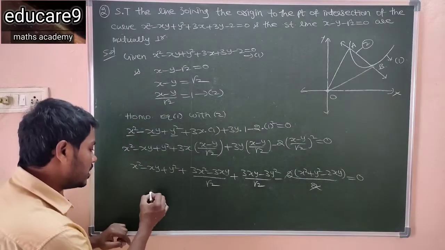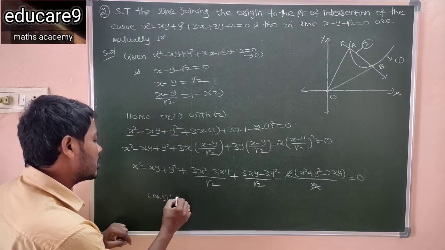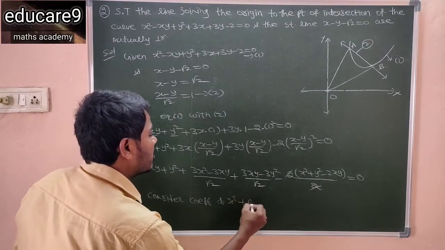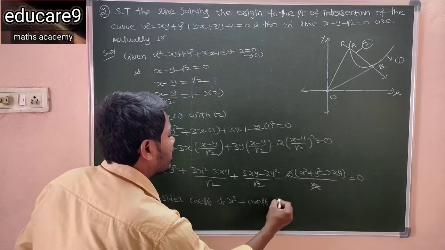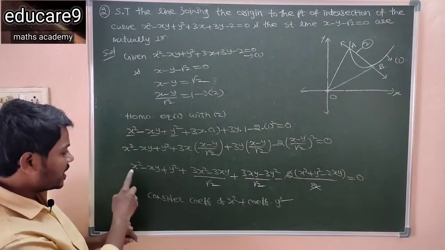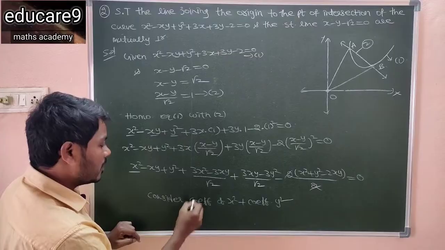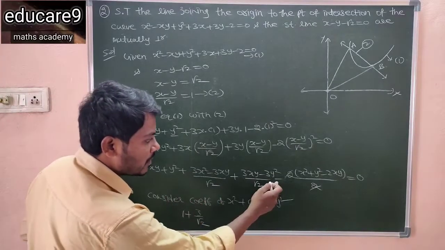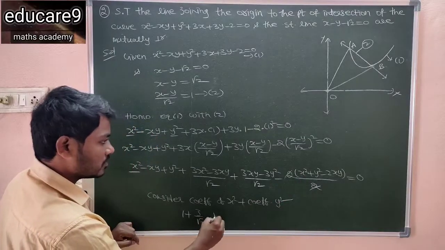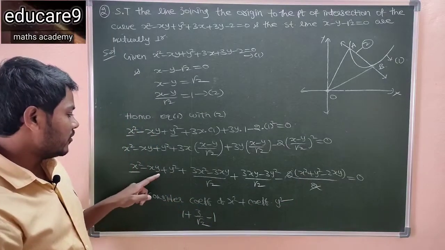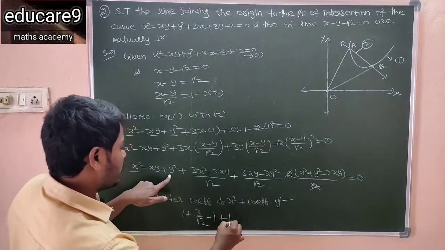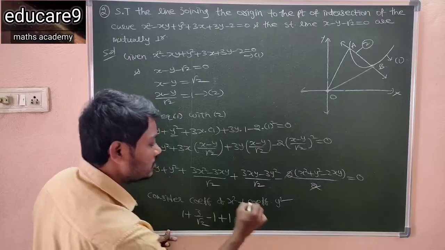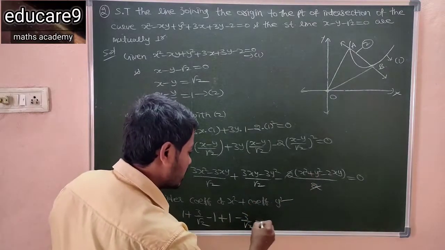So for that, consider coefficient of x² plus coefficient of y². What is the coefficient of x²? 1 + 3/√2, next minus 1. Next, coefficient of y²: 1, minus 3/√2, next minus 1.